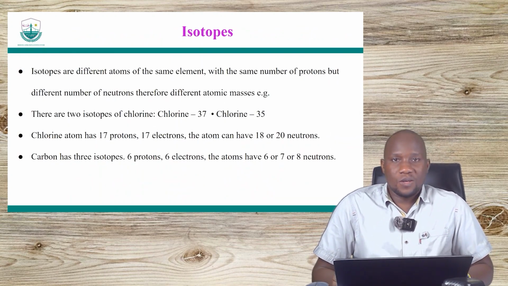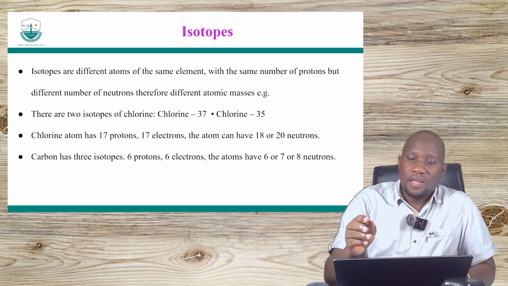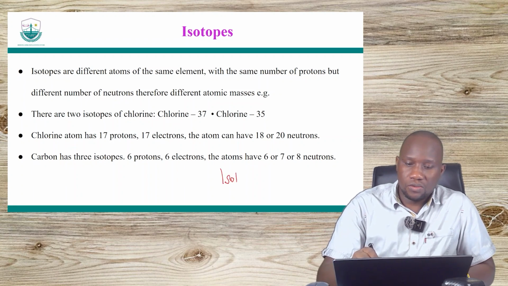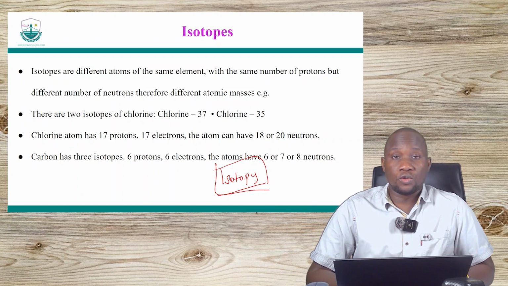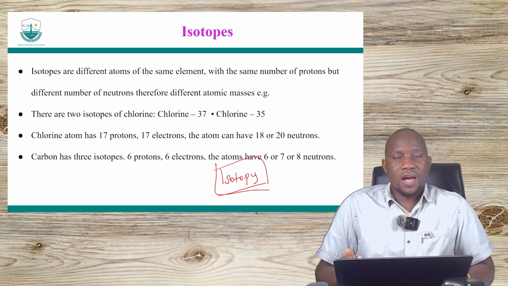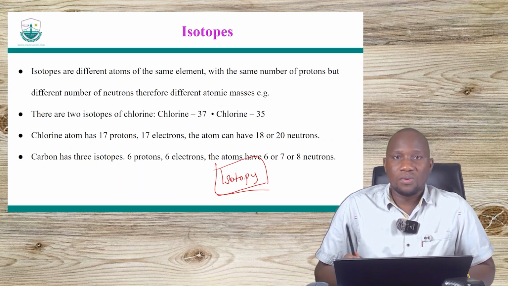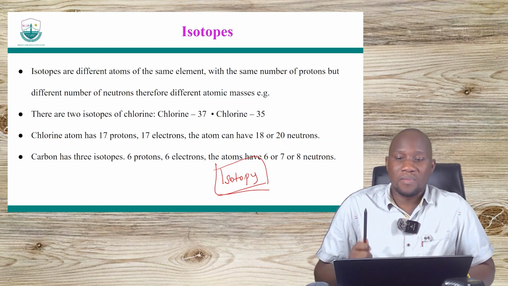Lastly, let's look at one concept called isotopy, or what you call isotopes. So what does this really mean? What this means is that you can have different atoms of the same element with the same number of protons but different number of neutrons, and therefore you have different atomic masses.